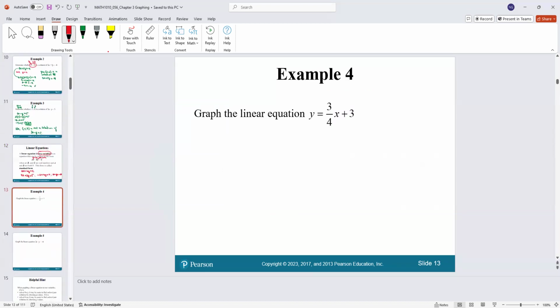Graph the linear equations you can see here. So what they're going to ask us to do is really graph. We need to graph. Very important that we graph. We're going to do our best with graphing those. So graphing for us, first of all, we must have an XY plane.